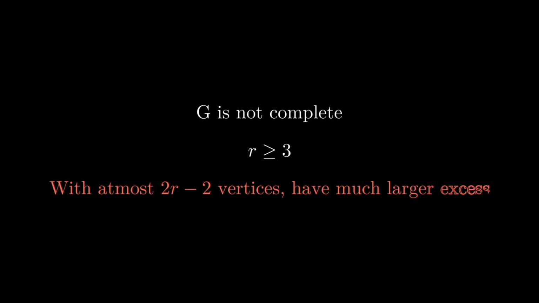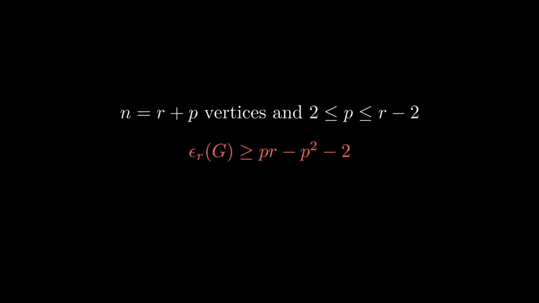For non-complete graphs with chromatic number r that have at most 2r minus 2 vertices, the excess is much larger. In other words, if the number of vertices can be written as n equals r plus p and p is between 2 and r minus 2, then the excess is greater than or equal to pr minus p square minus 2.